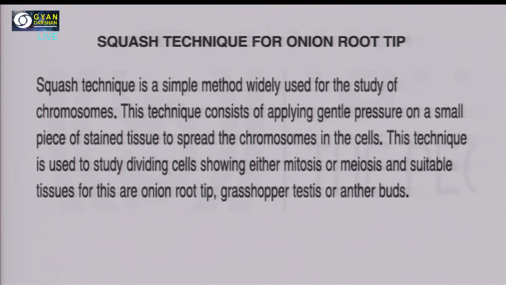Why metaphase? Because you must be knowing that metaphase is the stage where the chromosomes are countable, where the chromosomes align themselves at the equatorial region, and so the chromosomes are easily countable. That is why our main purpose is to get as many metaphase stages as possible in the cytological plate.